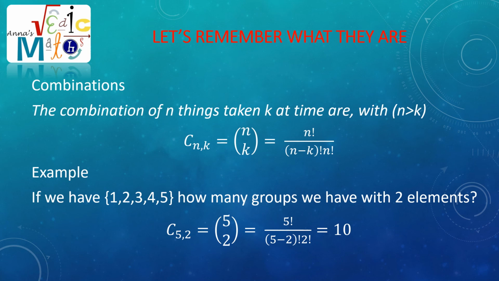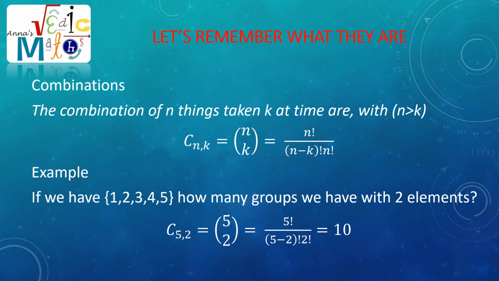What are combinations? The combination of n things taken k at a time, with n greater than k, is n factorial divided by n minus k factorial and k factorial. For example, if we have the numbers 1, 2, 3, 4, 5, how many groups do we have with 2 elements?